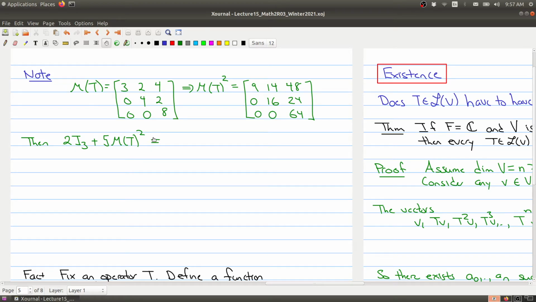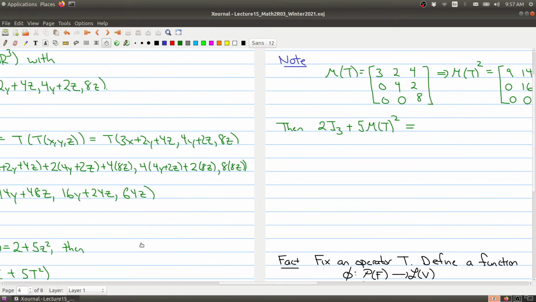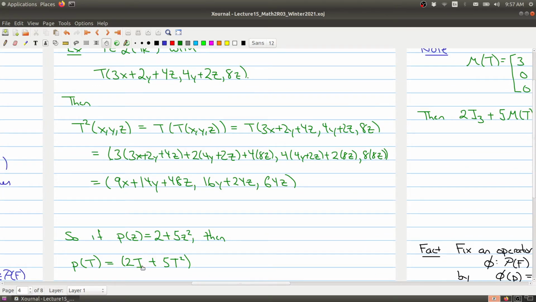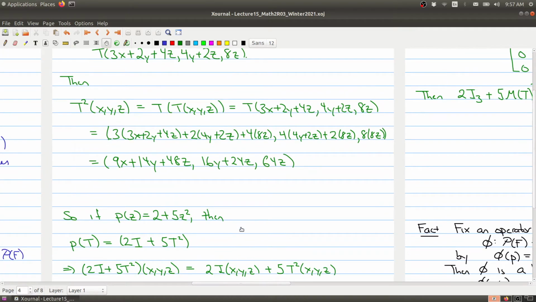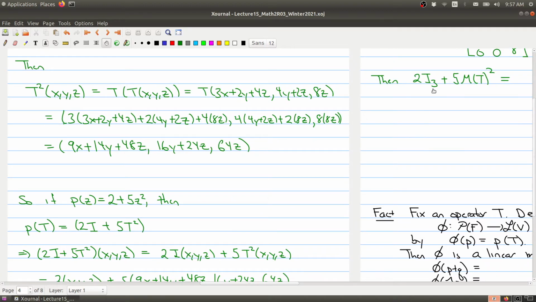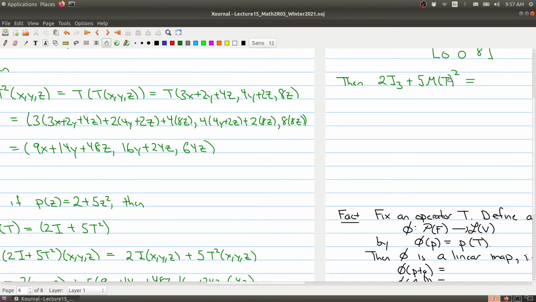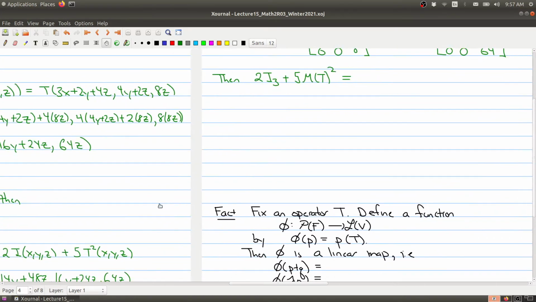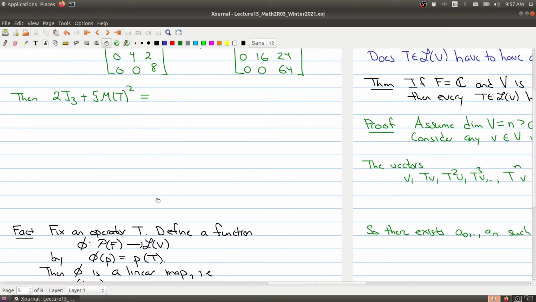So what I have here is the matrix version of this linear operator, because this I would correspond to the identity matrix of size 3, and this matrix right here, MT squared, would correspond to the linear operator T squared. Now I'm skipping some details here because we haven't actually proved all of these facts.